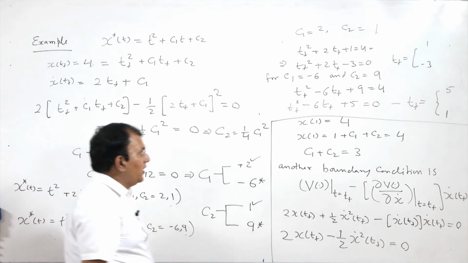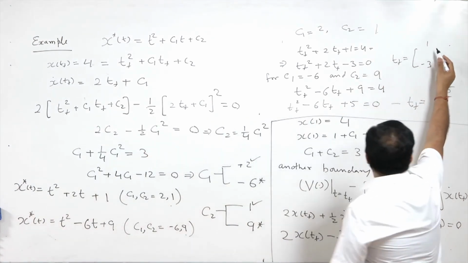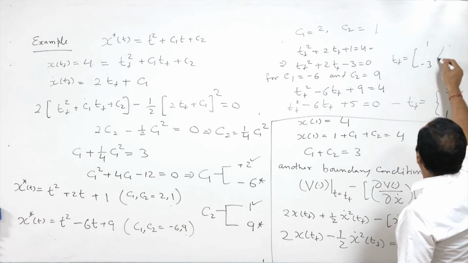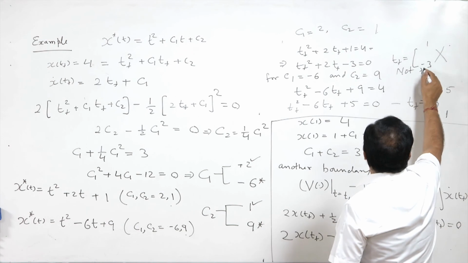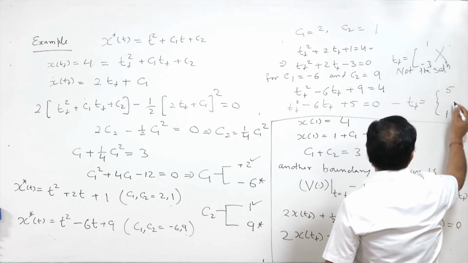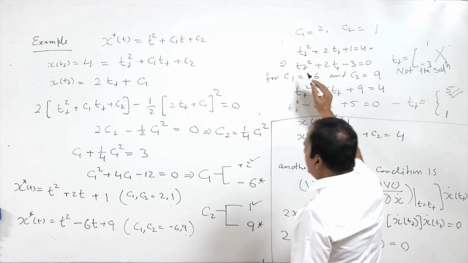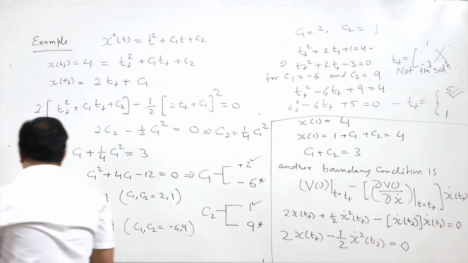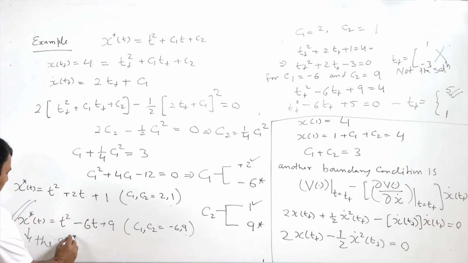What was our condition? My TF should be greater than 1. In the first case my TF is 1 and minus 3, so this is not the solution. In this case my TF equals 5, so I can select the second equation. This is the solution.